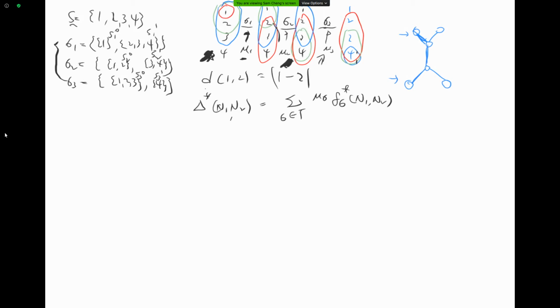For example, delta star of this first node and this third node is equal to mu1 plus mu2, something like that.